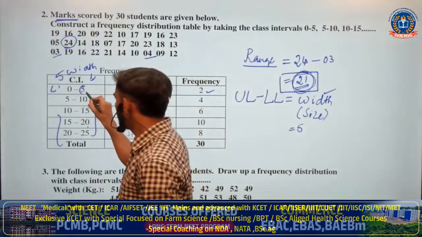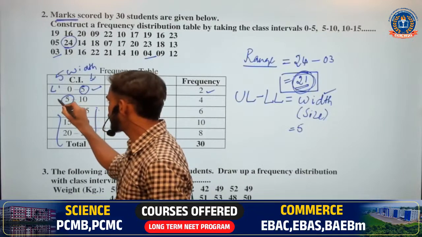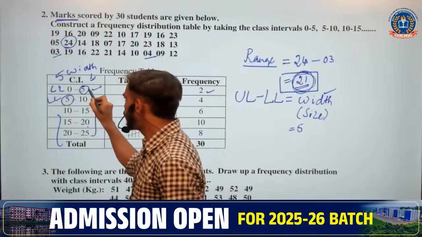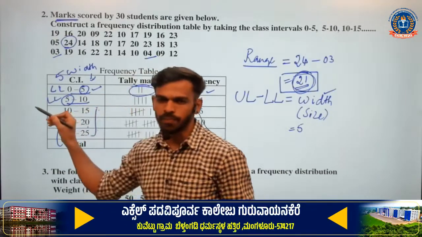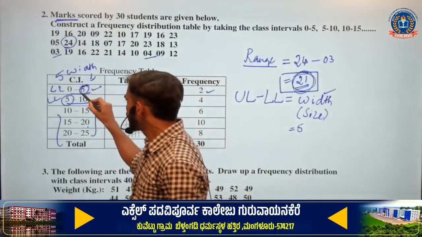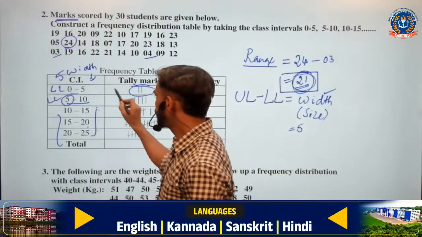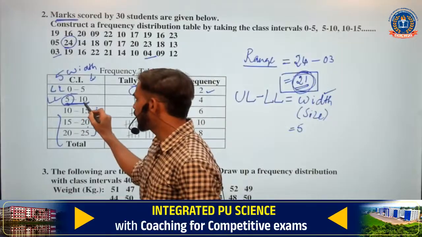Here the upper limit 5 is included, and this 5 is included in the lower limit as well. We have 0 to 5, similarly we have 5 to 10. That means here 5 is the upper limit, and in the next class 5 is the lower limit.